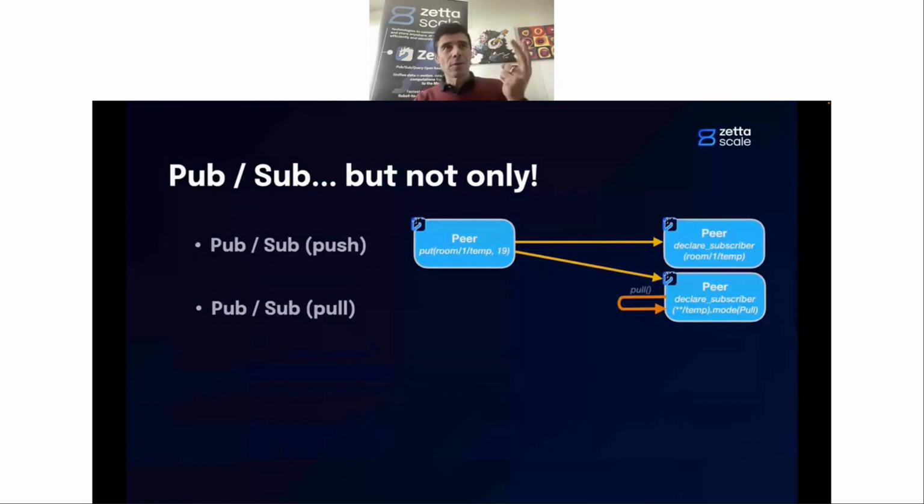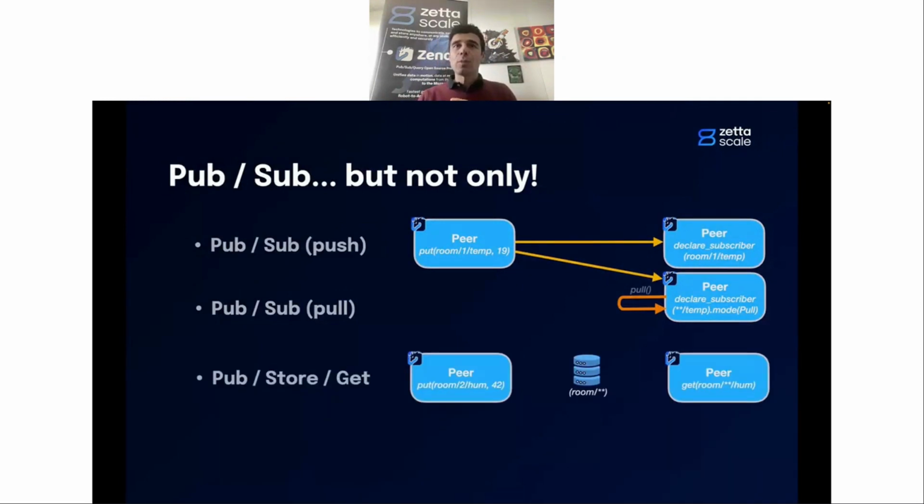So again, for traditional publish subscribe, we support push and pull. But we support also a pub store get. So on publication, if there are storages, as we will see, whose key expression matches the resource that you are publishing, these storages will store this data, and eventually, somewhere on the network, you can issue a query that will retrieve this data.